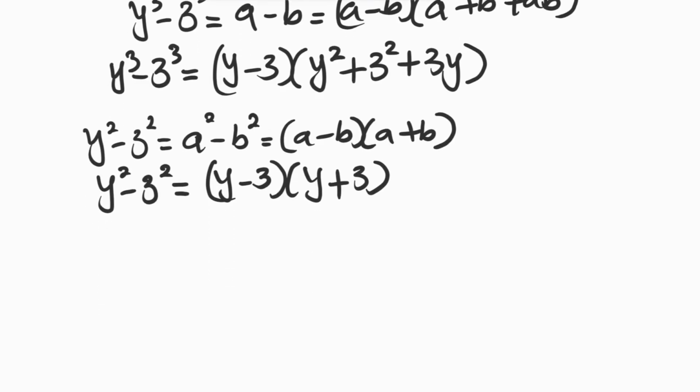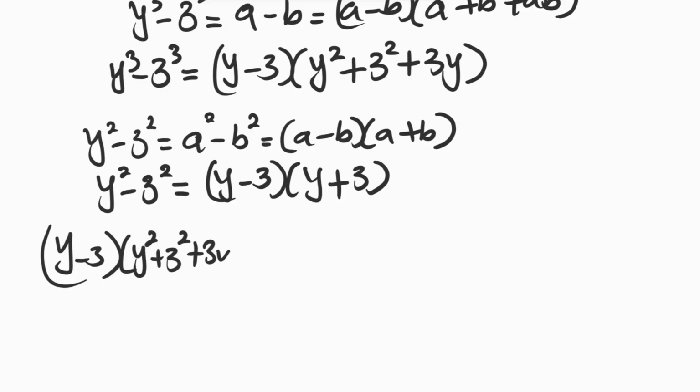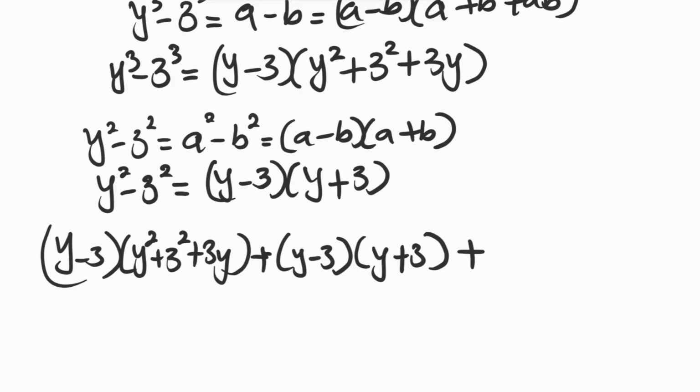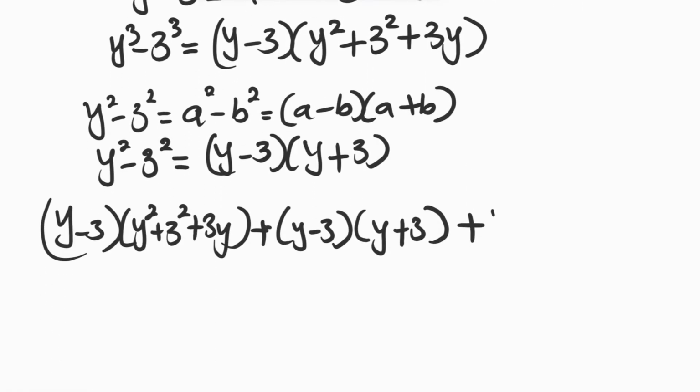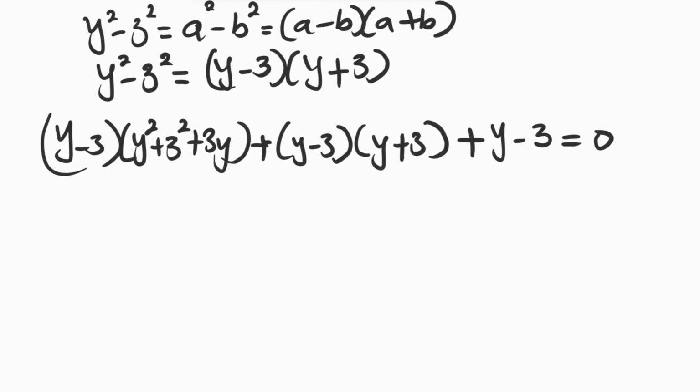So now we have y minus 3 into y squared plus 3 squared plus 3y plus y minus 3 into y plus 3 plus y minus 3 equals 0. So we can see we have y minus 3 here, y minus 3 here, and also y minus 3 here.